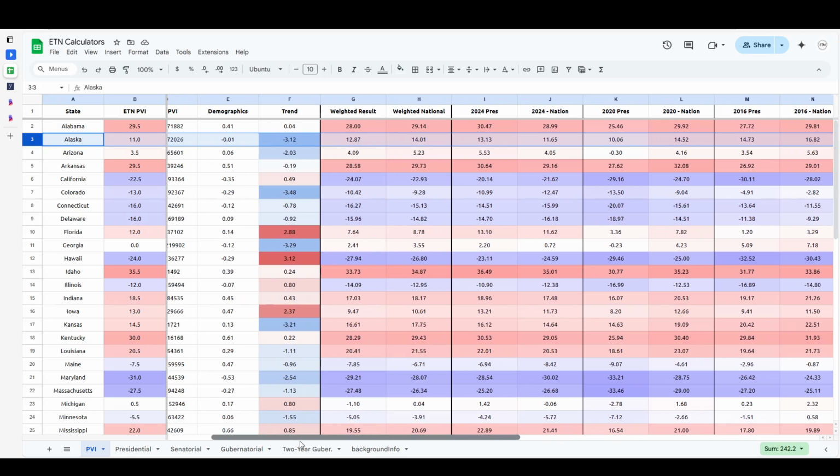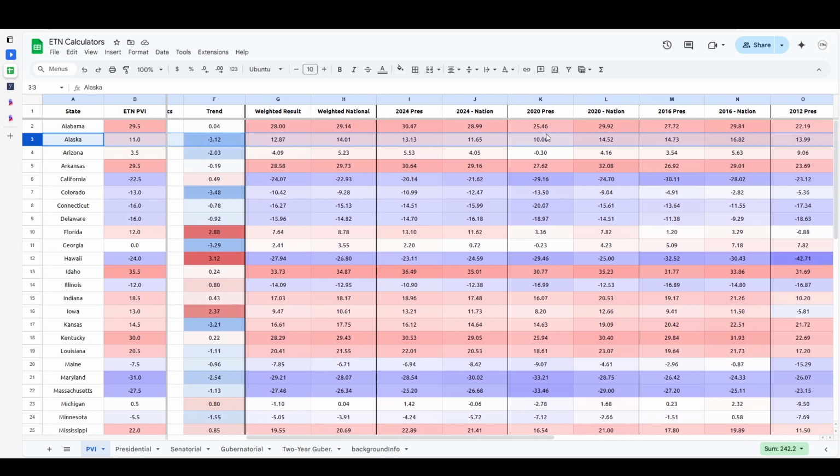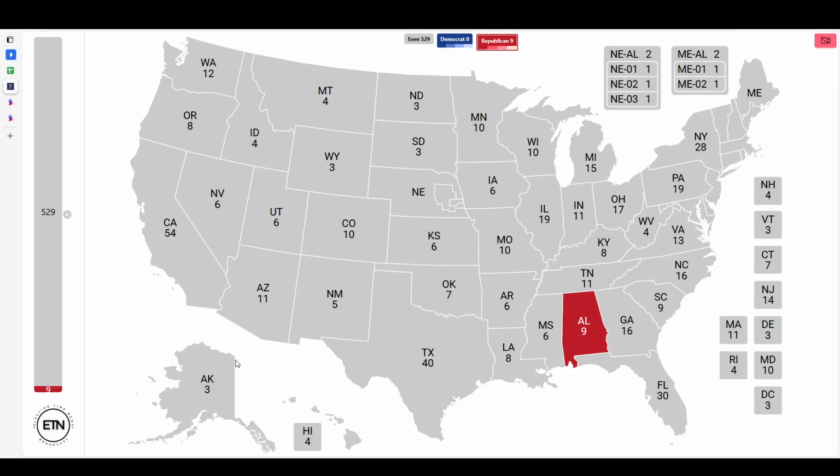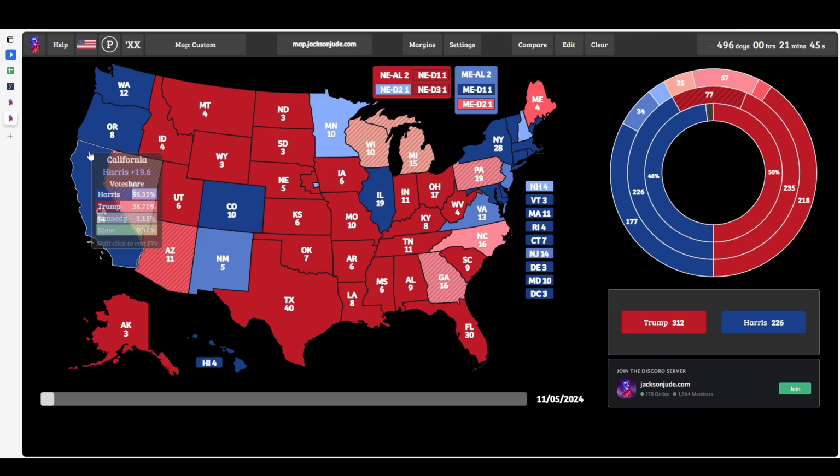So, you can see that it voted just over 10 points for Trump in 2020, and then 13.13, which is a move to the right, but in respect to the nation, it actually moved to the left by almost 3. And its weighted national vote is 14 points to the right of the country. So its final PVI is going to be R plus 11. This is just barely going to be safe.